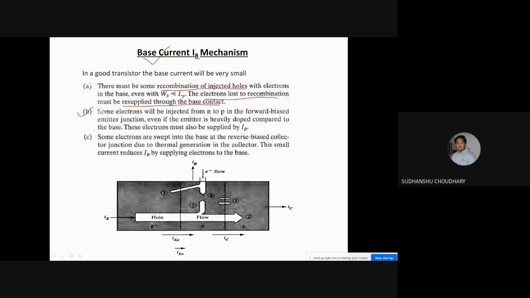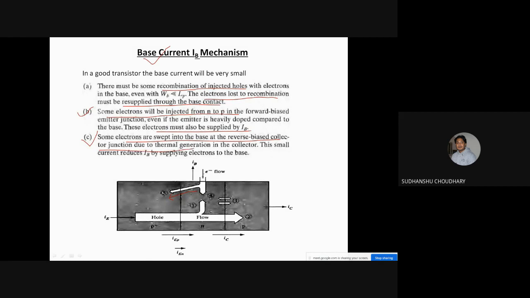Then some electrons will be injected from N to P in the forward bias emitter junction. That is this one, these electrons. So because of which also the electrons are lost in the base. So these electrons also have to be supplied by the base current. Third reason is that some electrons are swept into the base at the reverse bias collector junction.